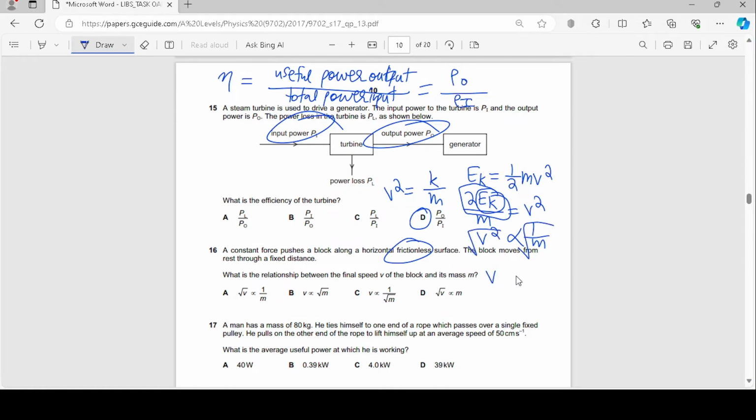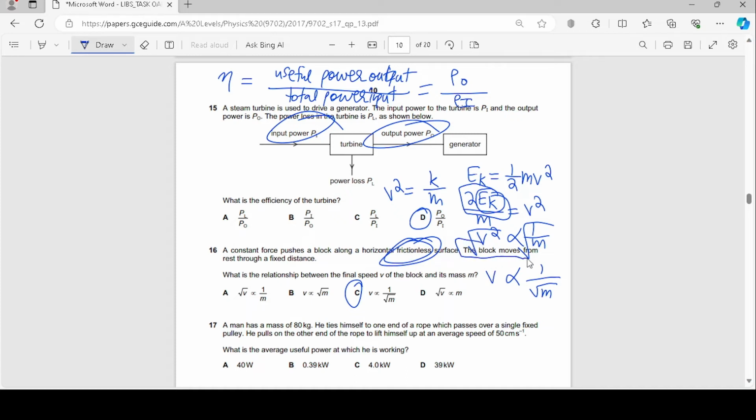And so I get v is directly proportional to 1 over root of m. Is that an option? That is an option. That's great. So the kinetic energy is constant because it's a frictionless surface. Actually, no, never mind.